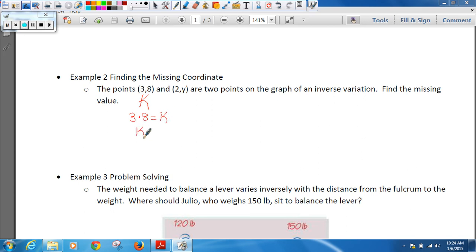So our k is equal to 24. That means that in order to find y, we would use our equation y equals k over x. We know k is 24, and we know x, because it's given to us right here in our problem, is equal to 2. So our y for that coordinate would be y equals 12.